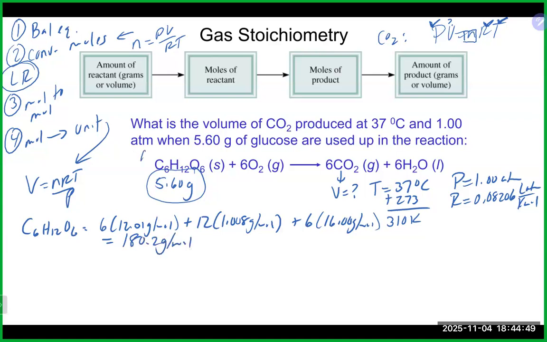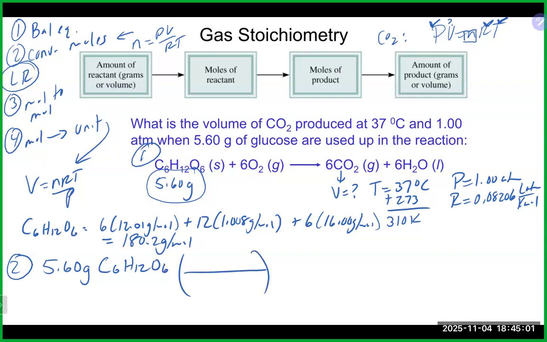So we have an equation that's balanced. We're then going to convert what they gave us into moles. So we'll take our 5.6 grams of C6H12O6 and use the molar mass here, 180.2 grams per mole.